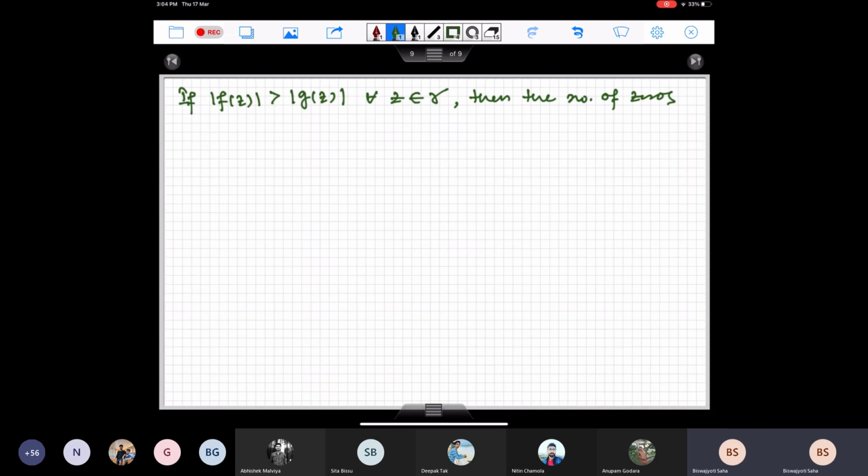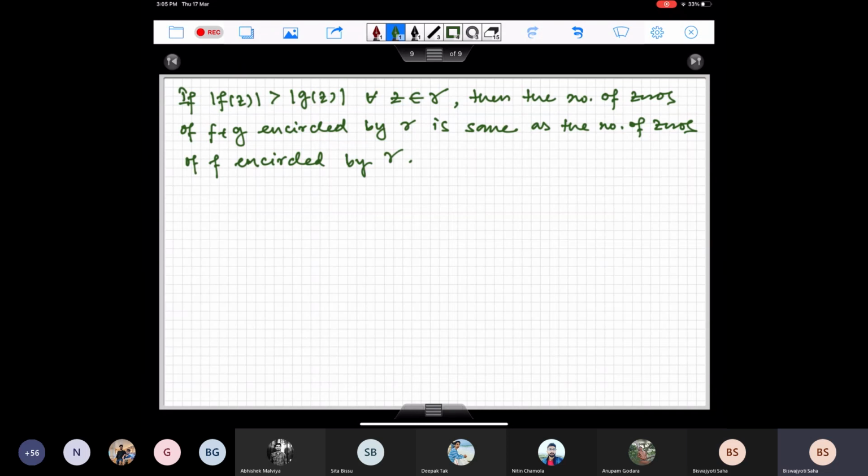So if mod of f is strictly bigger than mod of g for all z in gamma, then the number of zeros of f plus g encircled by gamma is the same as the number of zeros of f encircled by gamma.